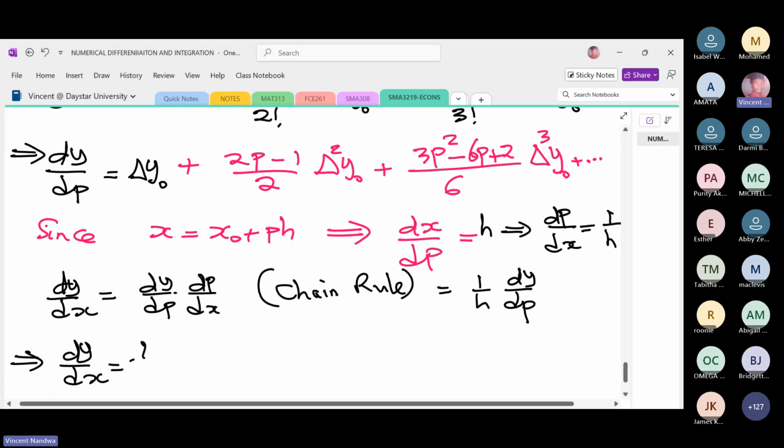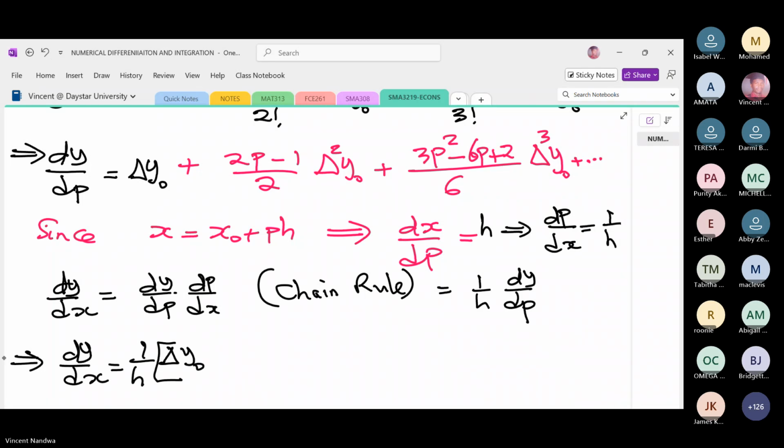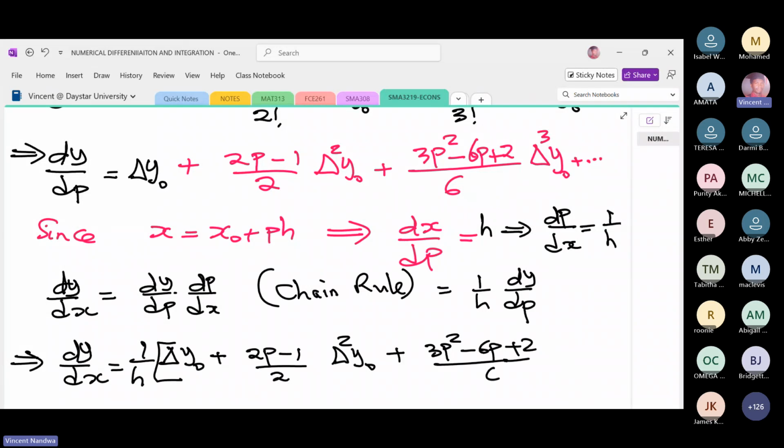So 1 over h into the first term here, the forward of y naught, plus 2p minus 1 over 2 second forward of y naught, plus 3p squared minus 6p plus 2 divided by 6 third forward of y naught, then plus other several terms.